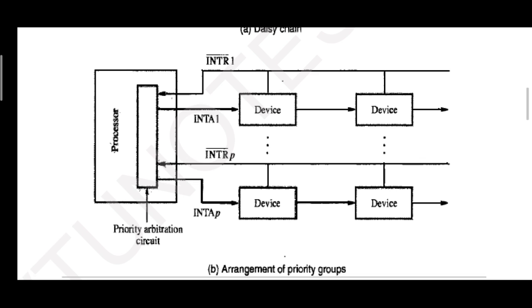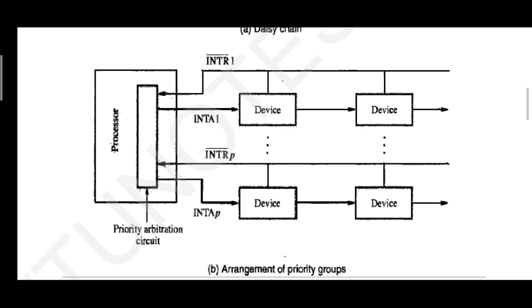You can find multiple groups here, where each group is a set of devices. Observe group 1, row 1, where a daisy chain is implemented. Device 1, device 2, device 3 and so on of group 1 have a common interrupt request line and common interrupt acknowledgement line.